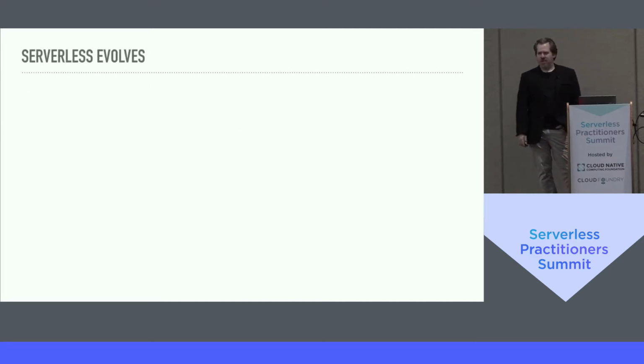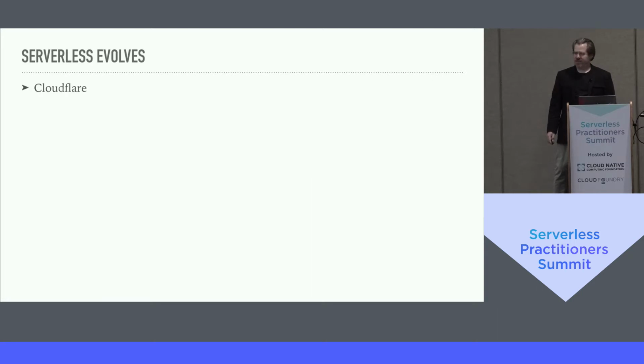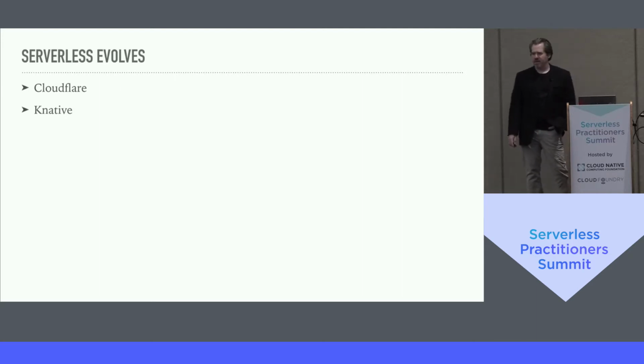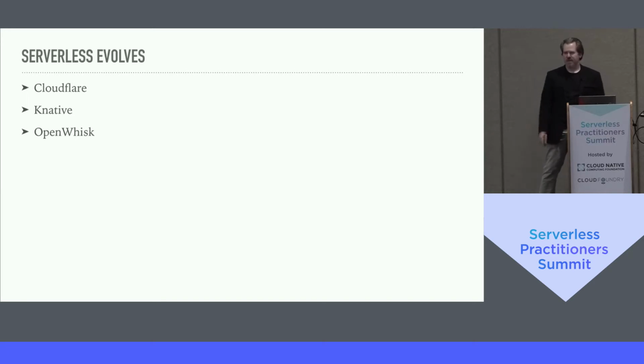So while we've been building Adobe I/O Runtime, things have been going on outside of Adobe, and a few of those things that are kind of interesting are things that folks at Cloudflare are doing. Knative, everybody I'm sure here is well aware of Knative. And OpenWhisk is evolving constantly on its own. So I want to talk about some of these evolutions.